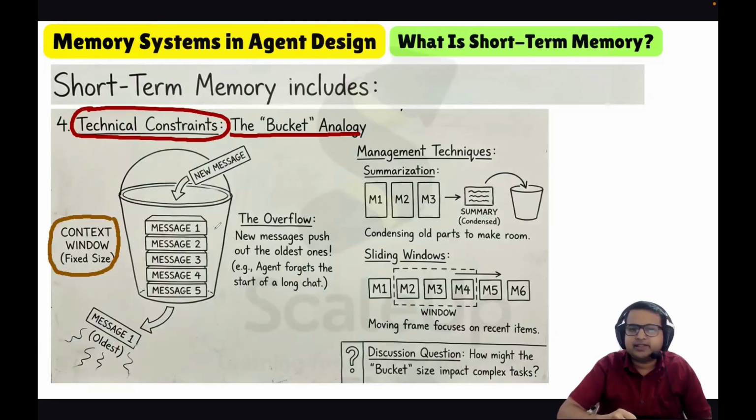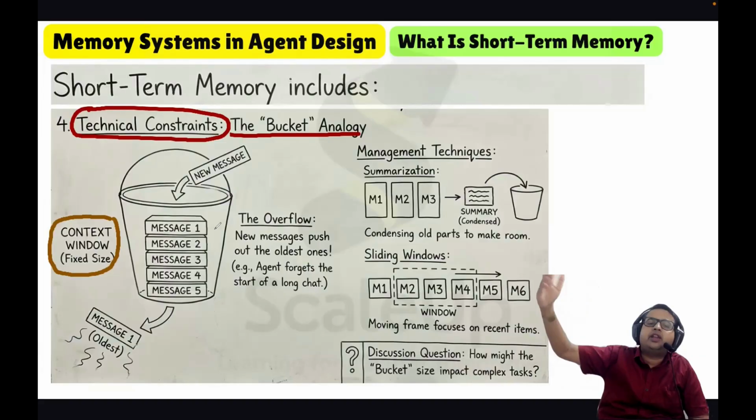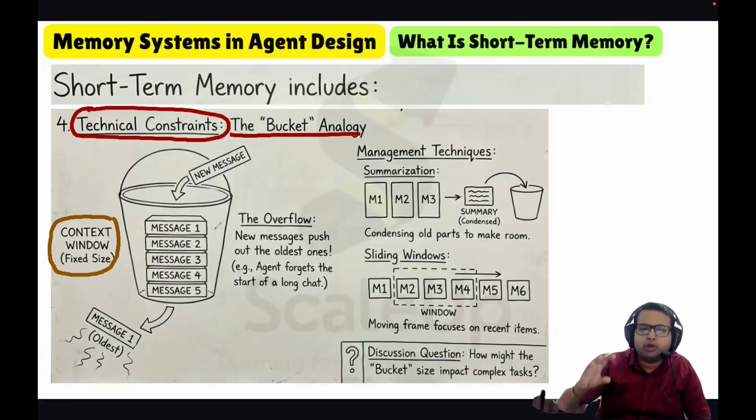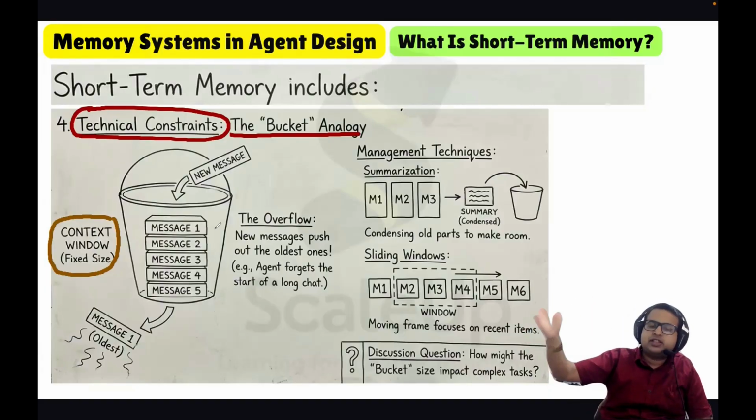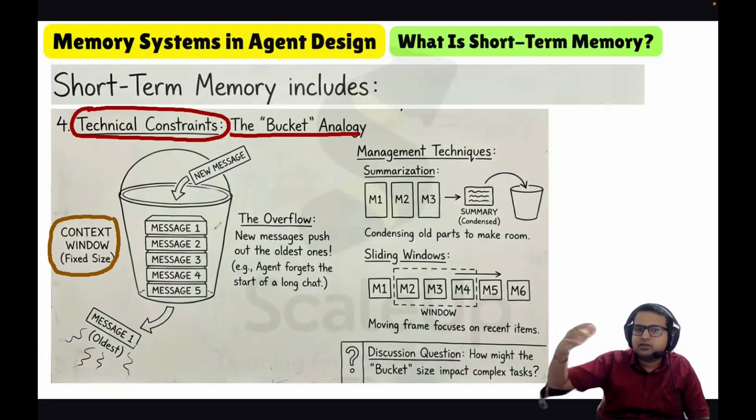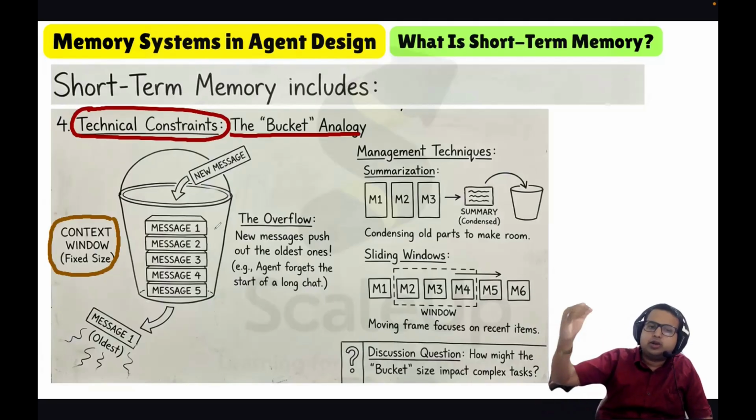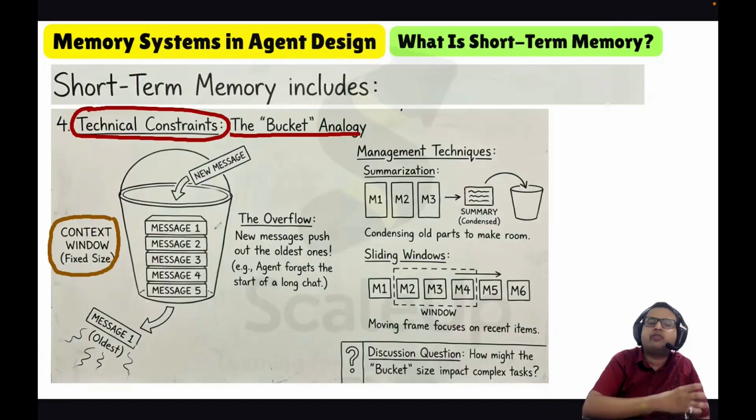And this is the reason why agentic AI systems forget the very first thing you said in a very long conversation. After a point of time, it will forget it. Because of the limited context window size, new messages will keep on pouring in with subsequent interactions and conversations, and the oldest messages will get flushed out.